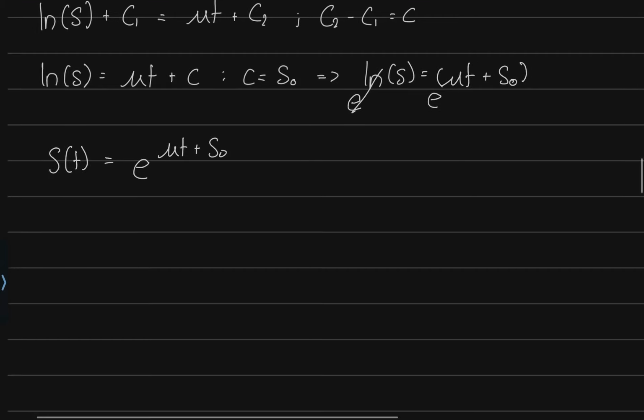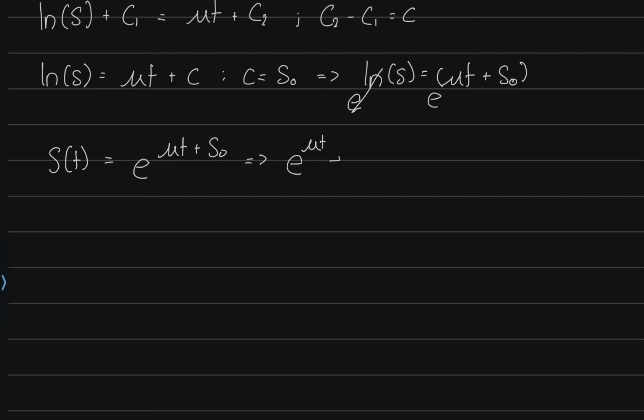Okay, cool. Now, we can do e to the power of mu t times e to the power of s naught. And actually, small mistake here. Let's not make this c is equal to s naught substitution right here. Let's just keep it as c.